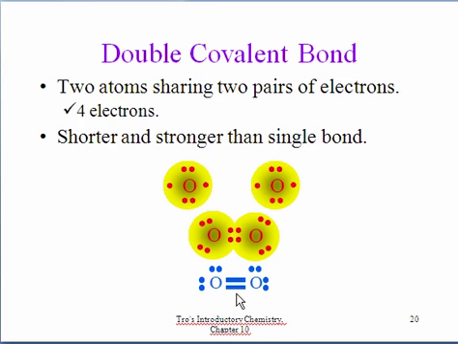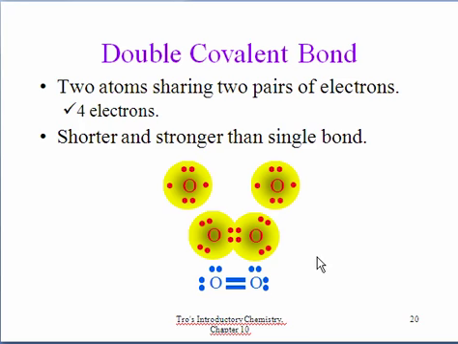And when we do that, oxygen now has an octet. If only 2 electrons were involved, then each oxygen would not have a total of 8. We need to share 4 total so each oxygen can have 8. 2, 4, 6, 8.